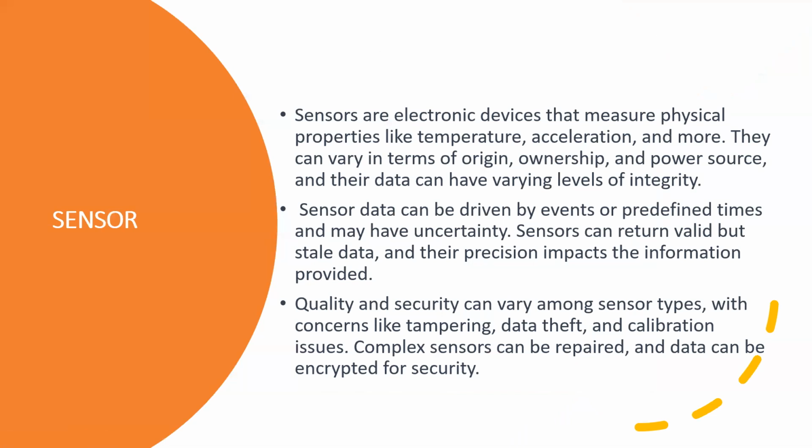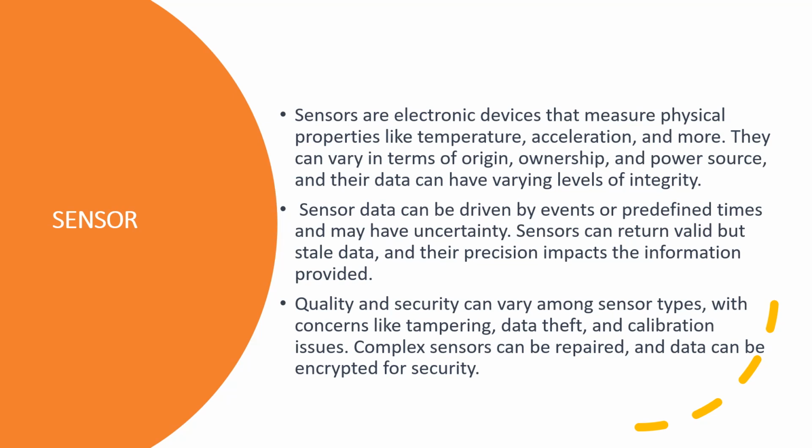Sensors. This word is commonly used in our day-to-day life in many situations. Sensors are electronic devices that measure physical properties like temperature, acceleration, and more. They can vary in terms of origin, ownership, and power source, and the data can have varying levels of integrity.